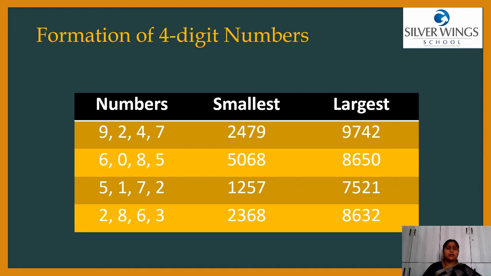If 0 is not there, then it is very easy. You write the given 4 digits in ascending order, and you will get the smallest 4-digit number. If you write in descending order, you will get the largest 4-digit number. Remember that if 0 is one of the 4 digits, then to form the smallest 4-digit number, we write 0 at the hundreds place, and the smallest of the other 3 digits in the thousands place.